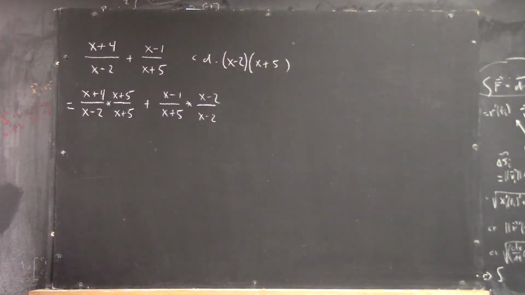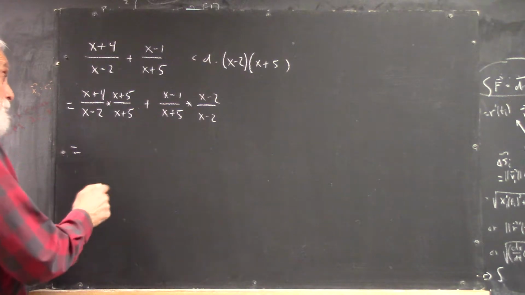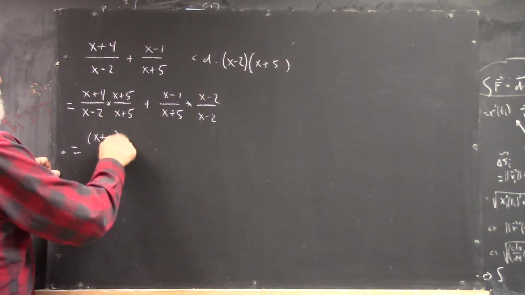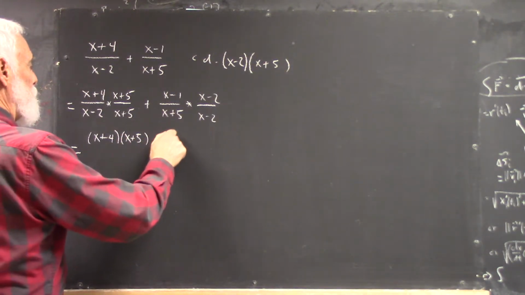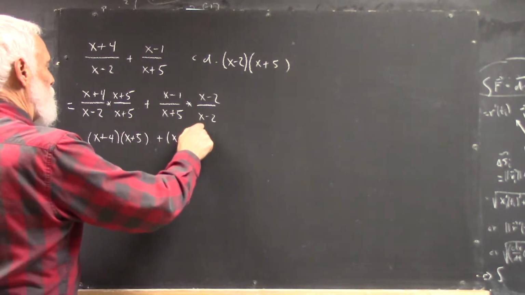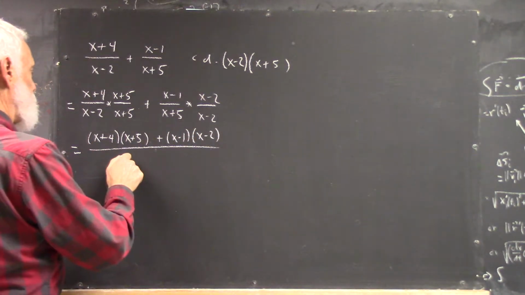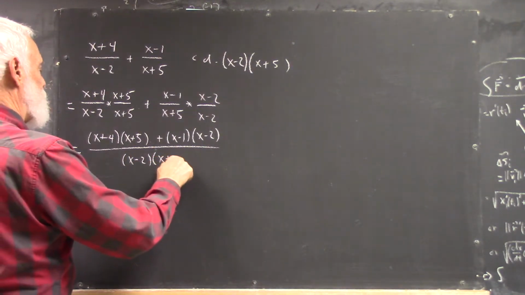Okay, get this, right? Okay, well then, what's that equal to? Well, that's x plus 4 times x plus 5 plus x minus 1 times x minus 2, all divided by x minus 2 times x plus 5.